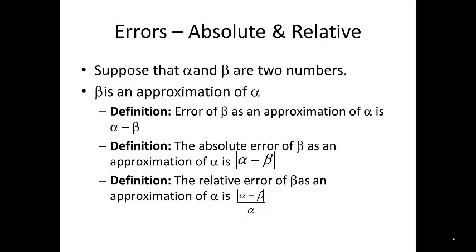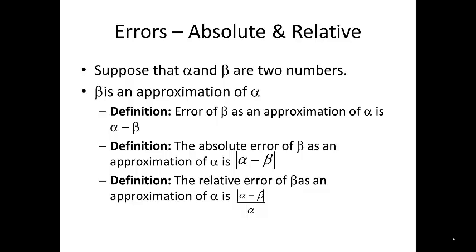And the relative error of beta as an approximation of alpha is alpha minus beta divided by the absolute value of alpha. So the relative error is usually the most meaningful of these measurements in practicality, and alpha may in fact be the exact value or the best known value that we have.